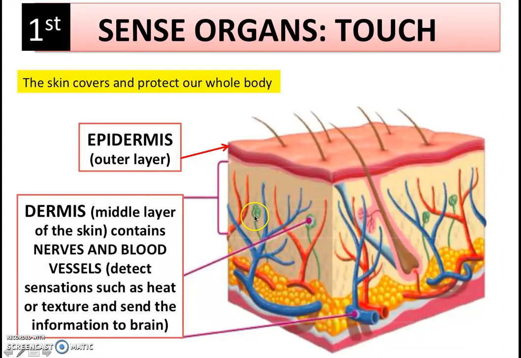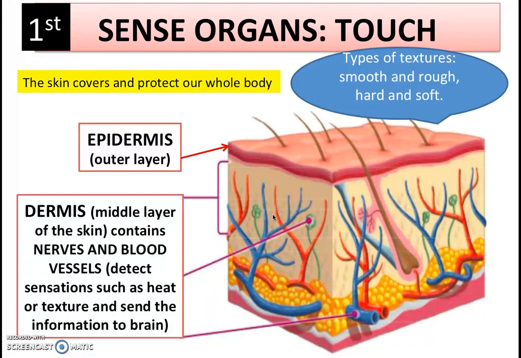And they are so important, nerves and arteries and veins, because they are going to detect, ellos van a detectar, estas estructuras van a detectar, sensations such as temperature, texture, and all this information is going to be sent to the brain. So talking about texture, we have smooth.